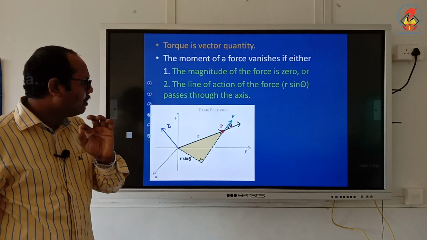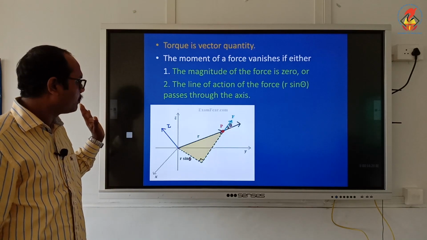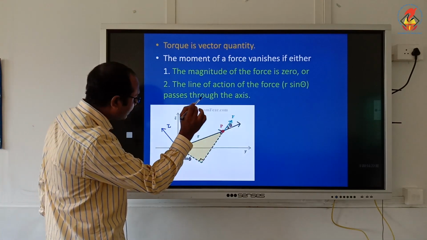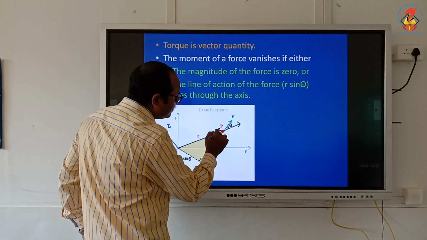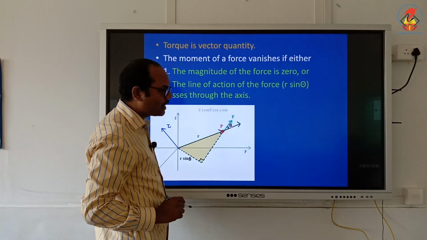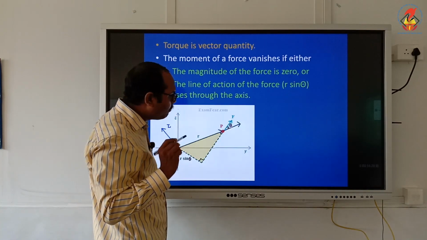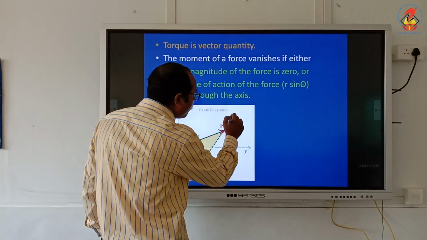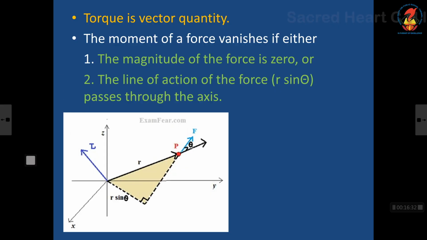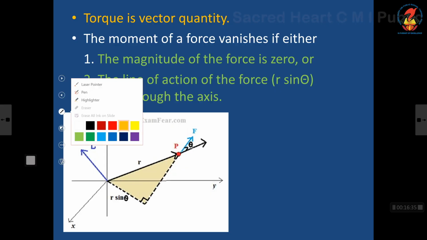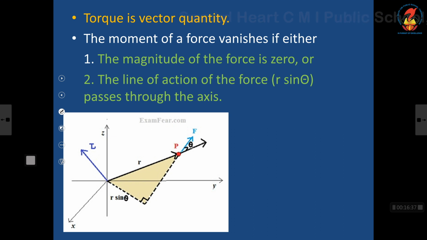Now just see what is the change in the figure. Here I applied a force, right? When I apply a force, linear momentum will be in the direction of the applied force.